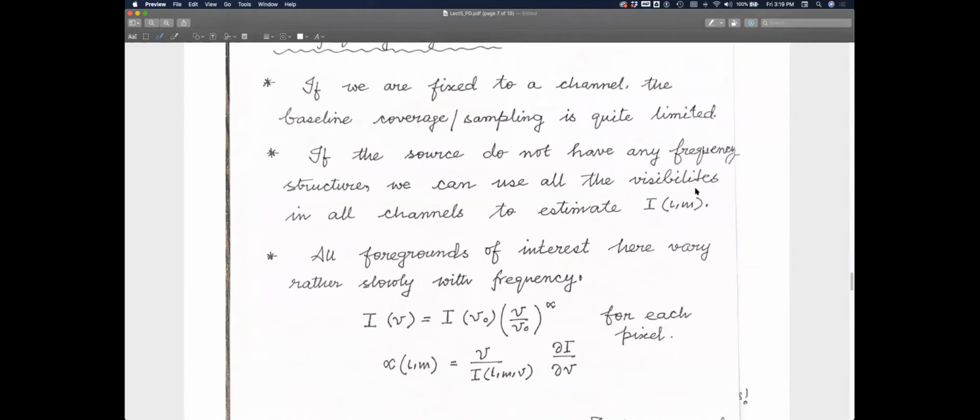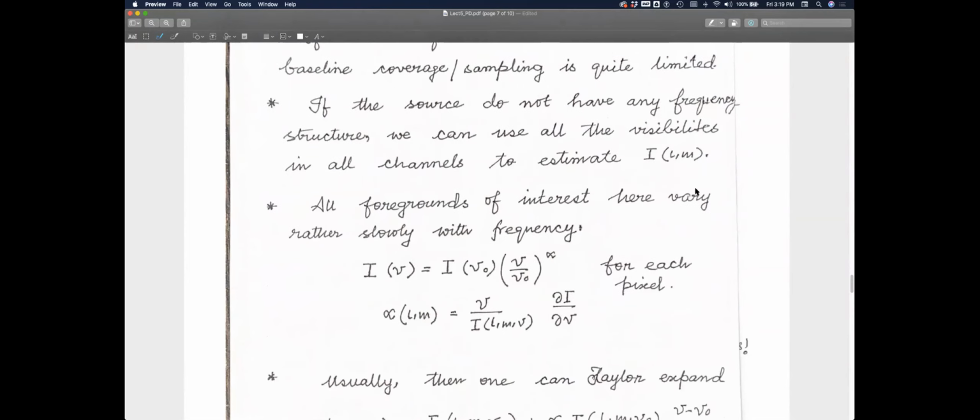of frequency. So whatever my source be, I can now expand that source in frequency. How do I do that? Well, for most of the foreground sources that we discussed, they are kind of synchrotron radiation, which means the intensity at a given frequency from a given point, for each pixel in the image, can be written this way.